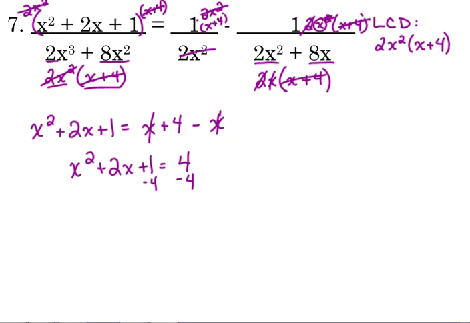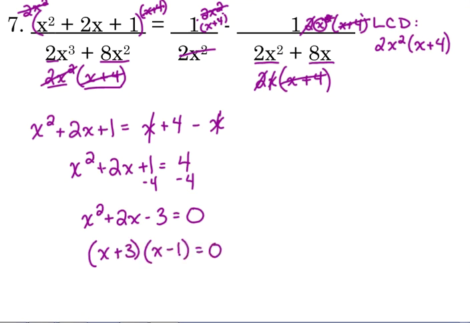Never, ever factor if you have anything on the other side of the equation other than 0. Okay, so we subtract 4, x squared plus 2x minus 3, so we get x plus 3 times x minus 1. So we get negative 3 and positive 1 for our answers.